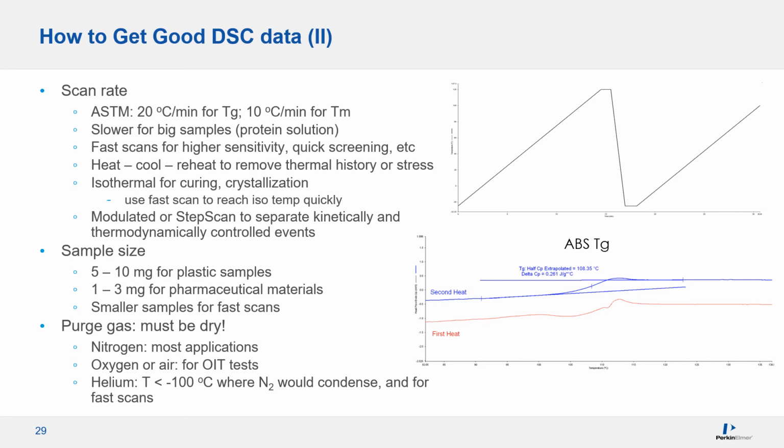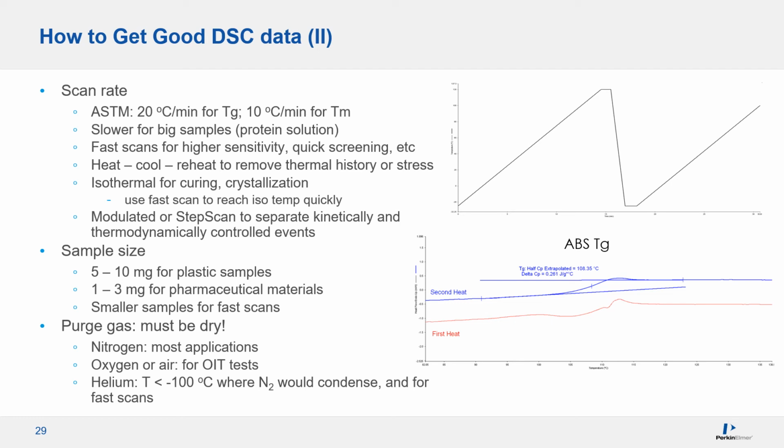This is an example showing you how the reheat data, blue curve, is better suited for Tg analysis after the thermal history or moisture is removed. Sample size 5 to 10 milligrams is typical for polymer samples. Use smaller ones for fast scans.